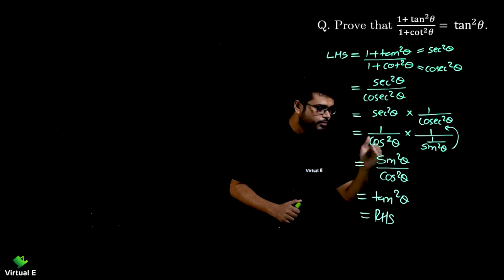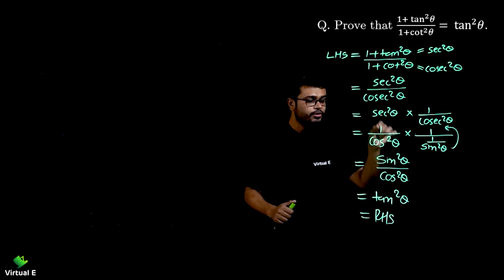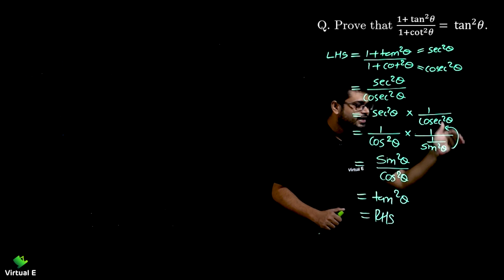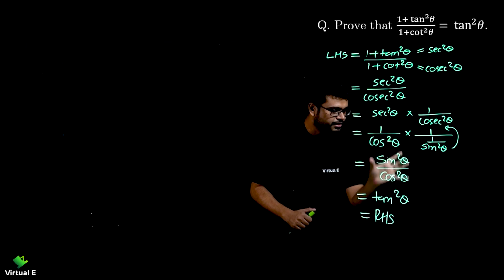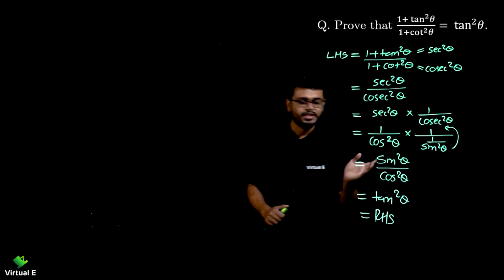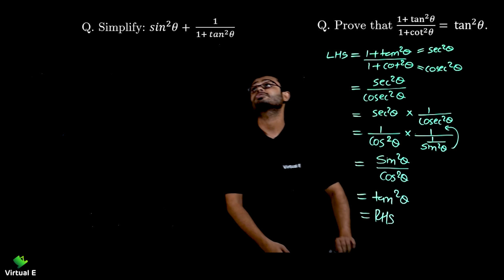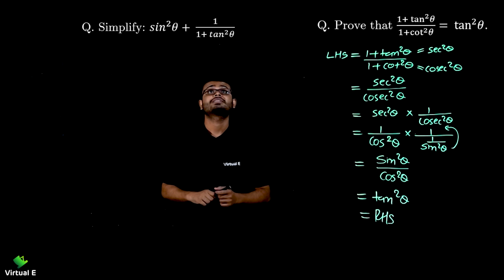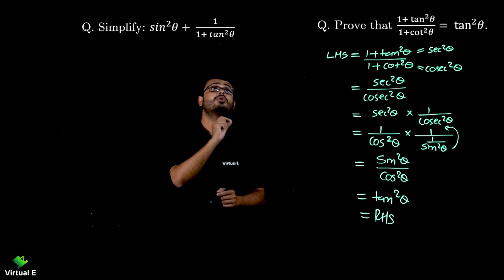Sec square is 1 upon cos, cosec is 1 upon sine, but it is squared, so don't forget to put the square. This sine square theta will go into the numerator. So if we write it in one term, that is tan square theta. Done?